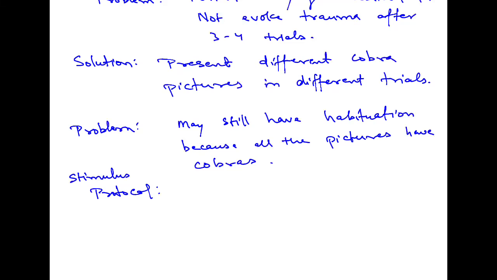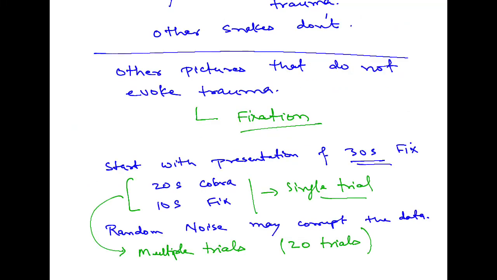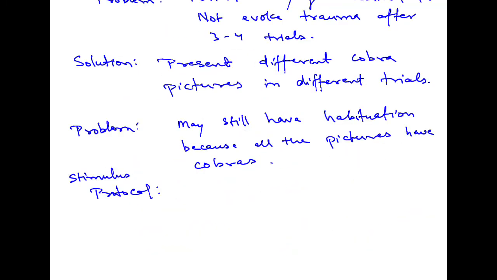So there will be a 30-second fixation, a 20-second image of cobra, and 10 seconds of fixation again. Then a 20-second image of a non-cobra.